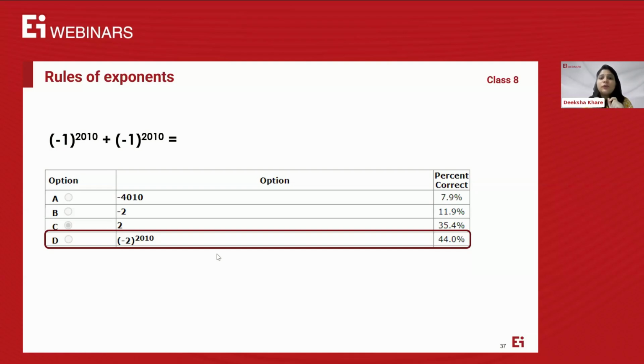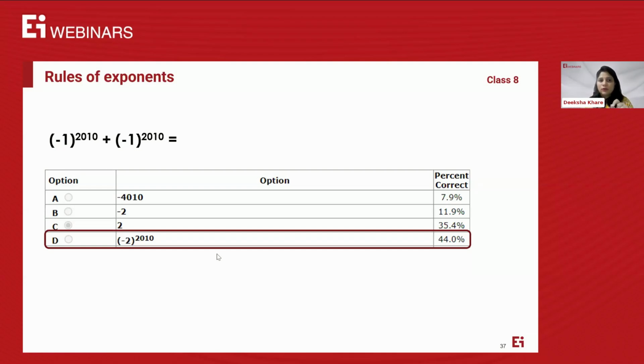But 44% of students have gone for option D. What are they doing in option D? They're adding the bases of both the exponents: -1 -1 is -2, and then raising it to the power 2010. What could have led to this faulty understanding?